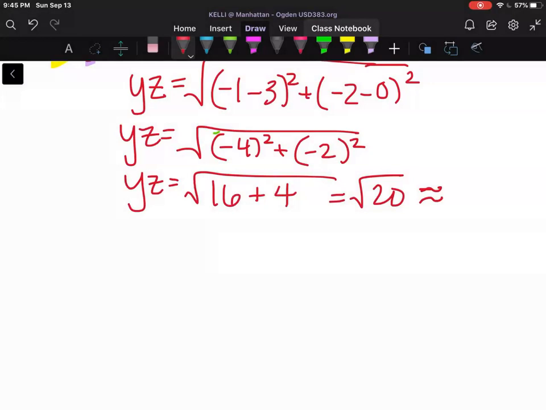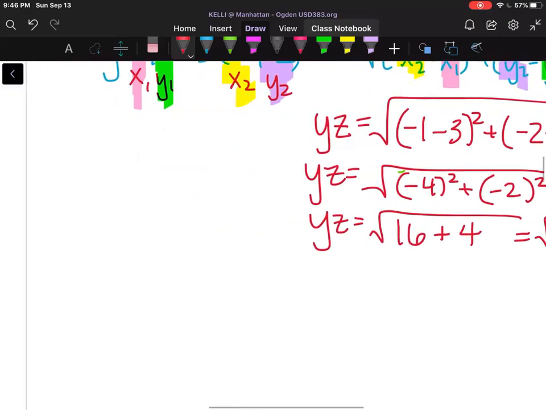I get 4.47 basically, so about 4.5. And so we end up with YZ equaling 4.47.